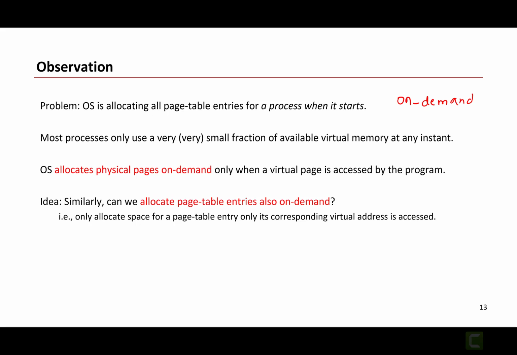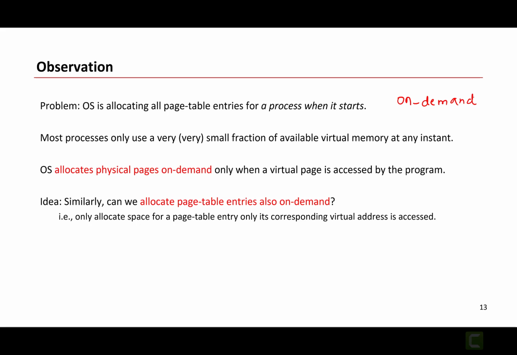What that means is when the process starts, the operating system does not allocate physical pages for all the virtual memory. It allocates a small fraction for the instructions and the data segment, and as the program executes, more and more physical pages are allocated to that process, right?